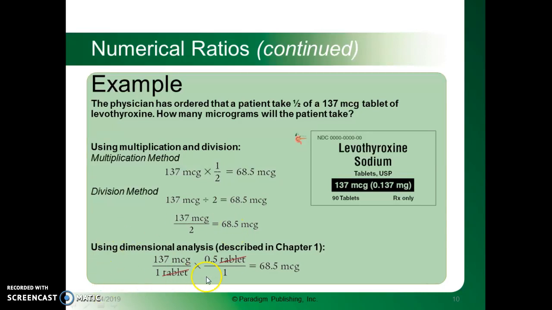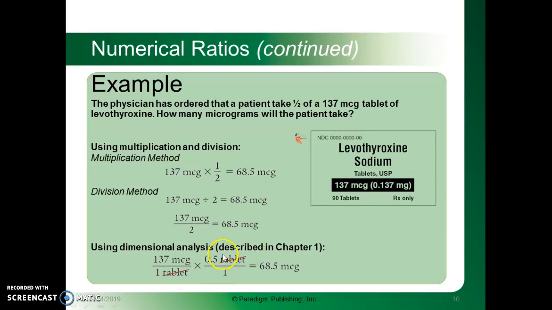Using dimensional analysis described in chapter 1: 137 micrograms over 1 tablet, because again we know that according to our label, each tablet contains 137 micrograms or 0.137 milligrams. That's why we have 137 micrograms over 1 tablet, times, we want to get rid of tablets, so tablets will go on the top.